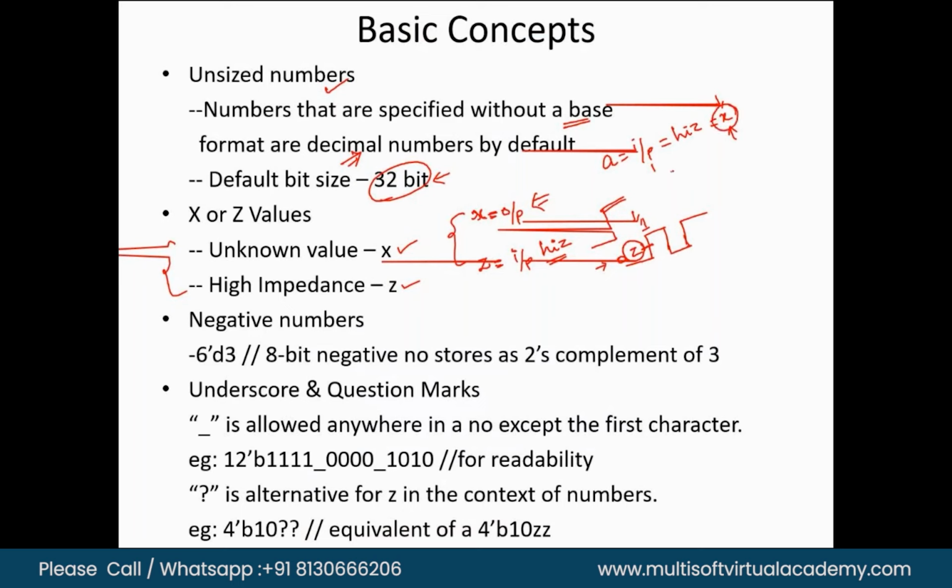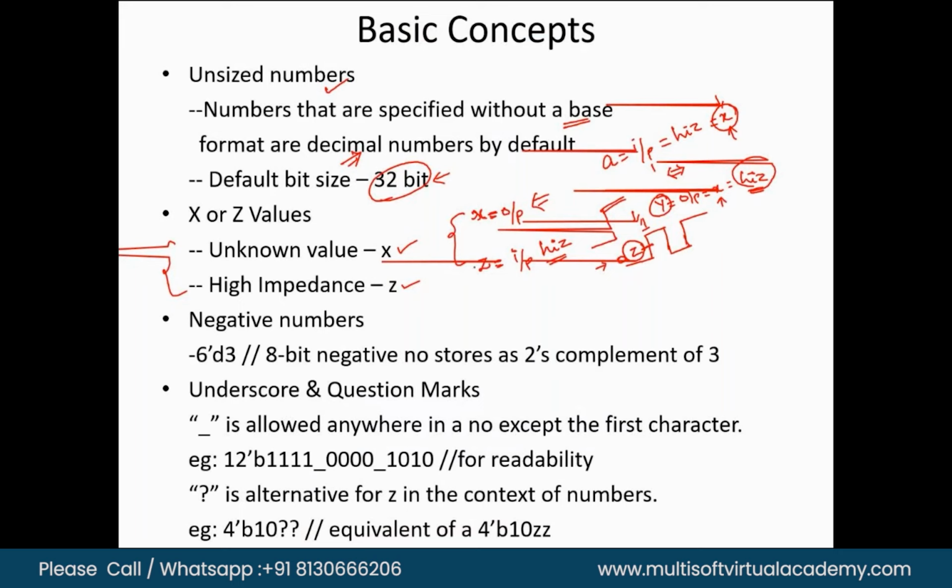So there is a mismatch in the connection, or there is a mistake in the code. The vice versa is also possible. Y is my output and it should be X, but the simulator is showing it as HIZ. So for an output variable, it should be X, but the simulator is considering it as an input value. So this is also wrong.